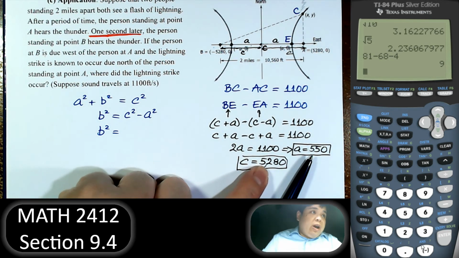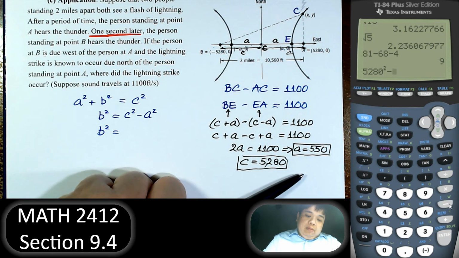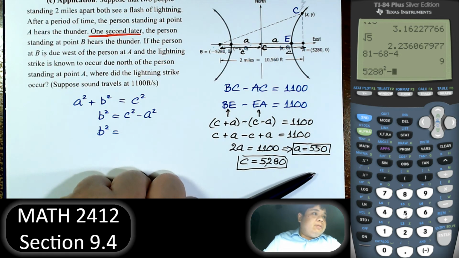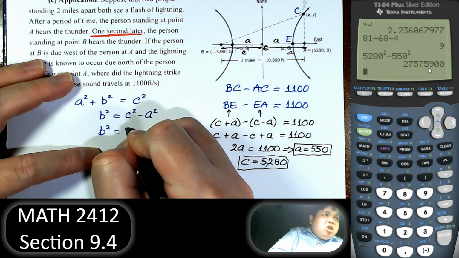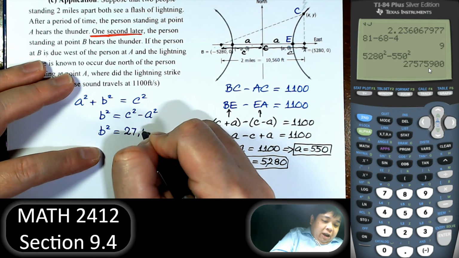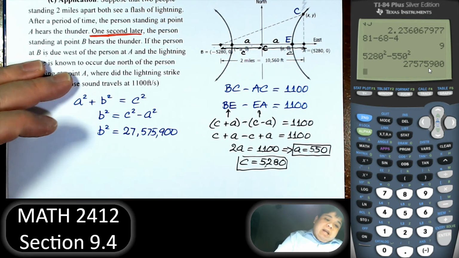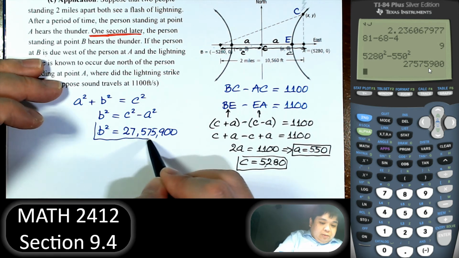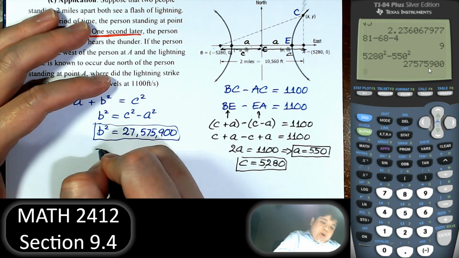Right, c squared, 5280 squared, minus a squared, sorry. And we have that 27,575,900. Right, that is b squared. And then we can get b, of course, square root of that.